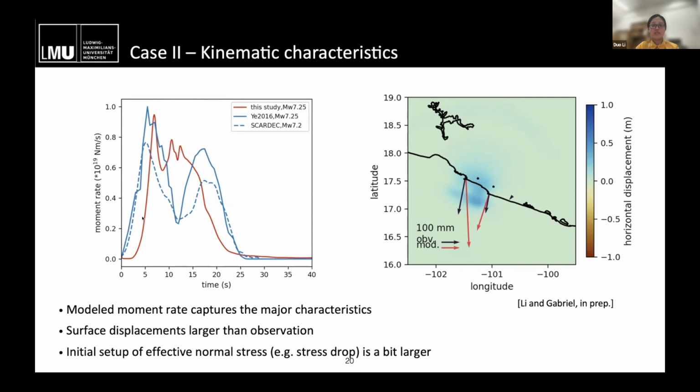We kind of catch the first order characteristic of the rupture, but we seem to overestimate the surface deformation. It's probably because the initial effective normal stress is not changed in our slow slip model, so it may have too large a stress drop in the dynamic rupture model.